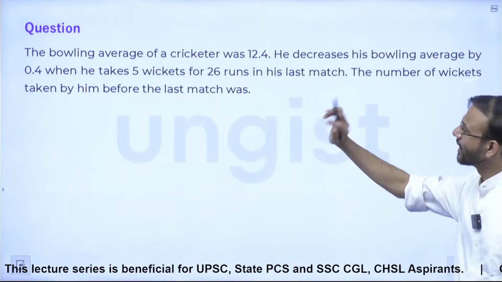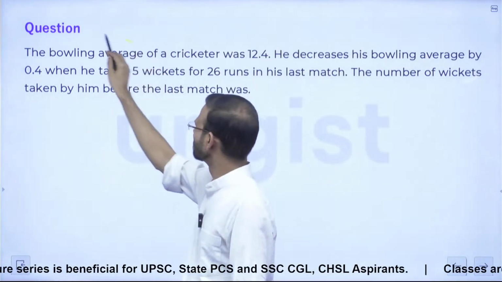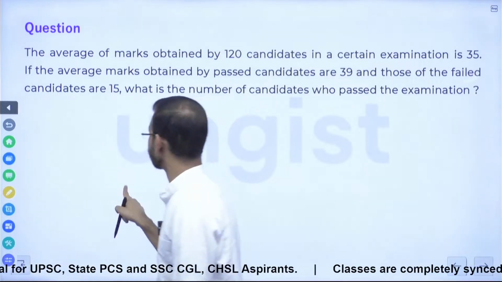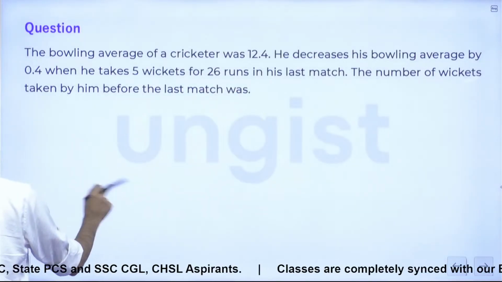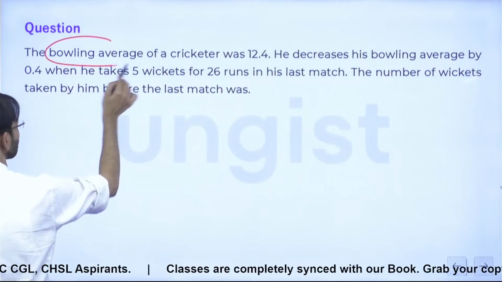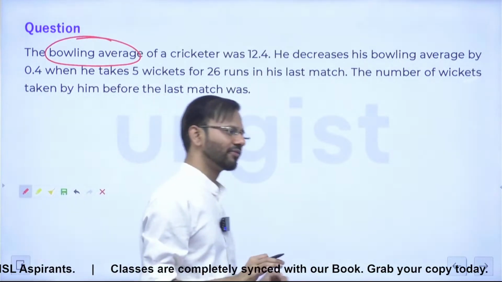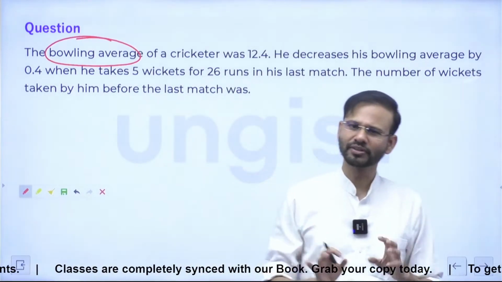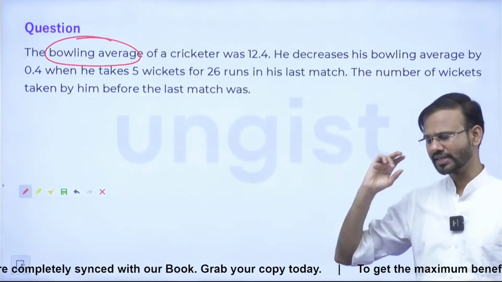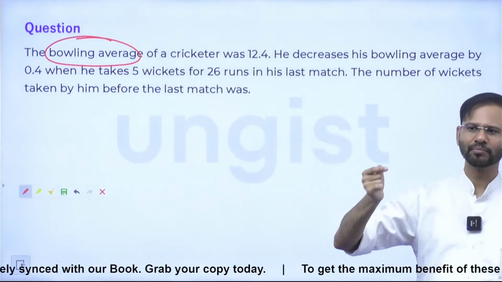The question is saying the bowling average. First of all guys, this term is new for us, the bowling average. Sorry, if you guys are interested in cricket, then you might know the bowling average, and if you don't know it, then I'll tell you what the bowling average of a bowler is. So guys, what is bowling average?